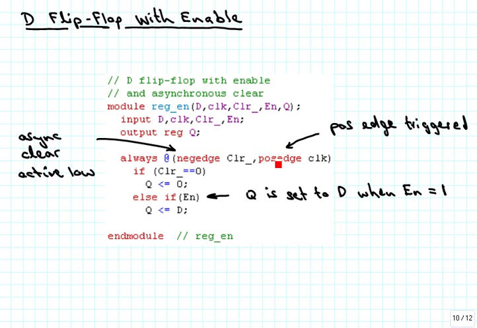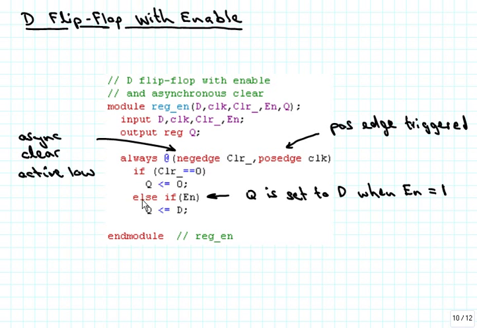And then we just have here, if clear is equal to 0, then we set Q to 0. But otherwise, if clear is equal to 1, then we check whether enable is high.